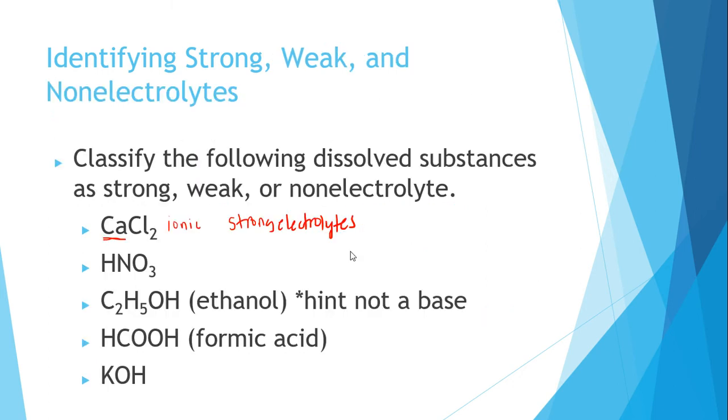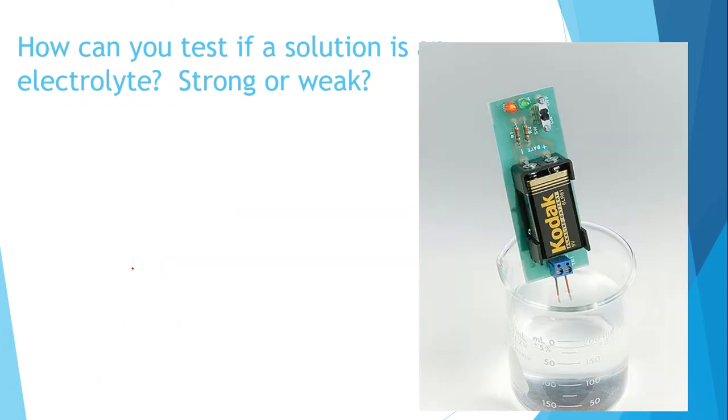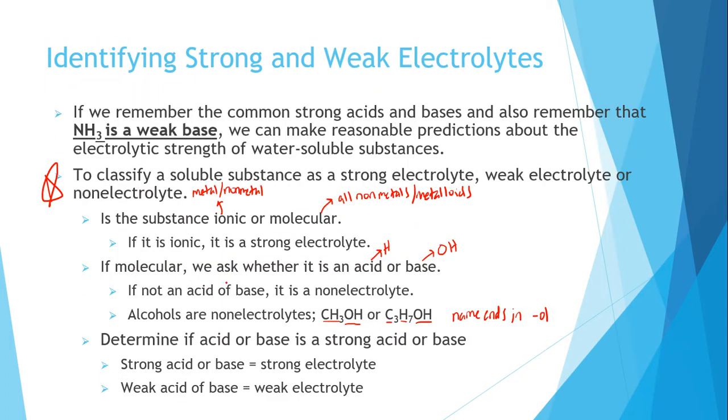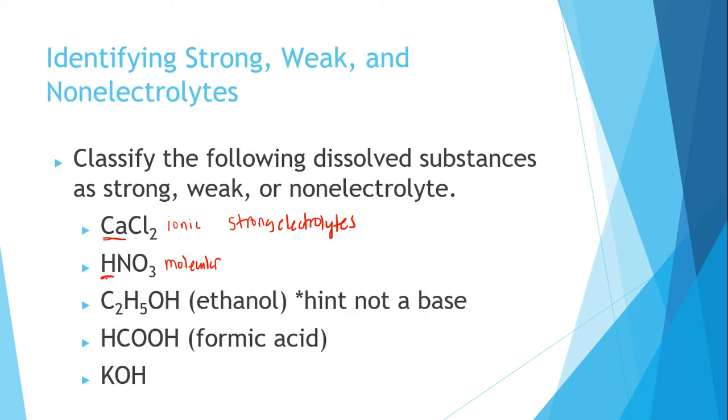On the next one, we can look at this and say, okay, this is technically considered molecular because these are all nonmetals. So then you have to go on to the next question. The next question says, ask if it's an acid or a base. If I look at the following molecule, we're going to see that it starts with H, so I know it's an acid.